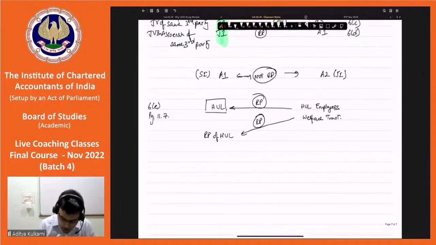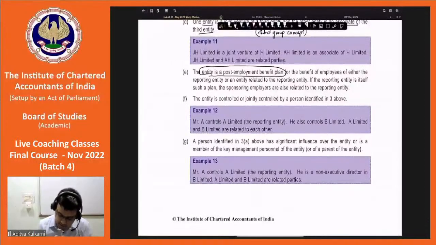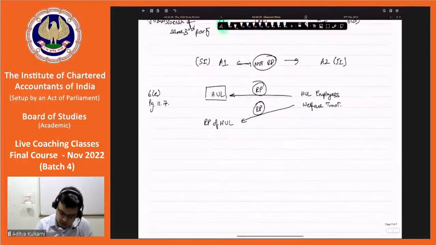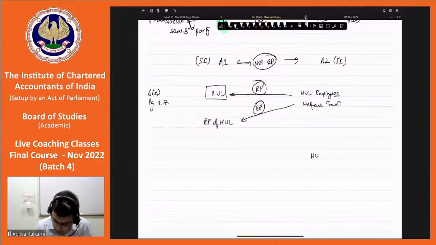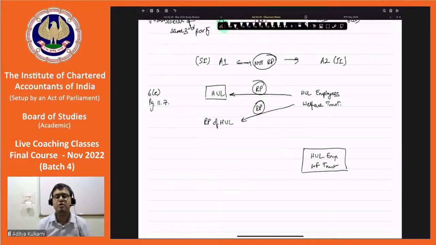Okay. Alternatively, if the reporting entity is itself such a plan. So now suppose you are preparing HUL Employees Welfare Trust financial statements. This is the company whose financial statements you are preparing.